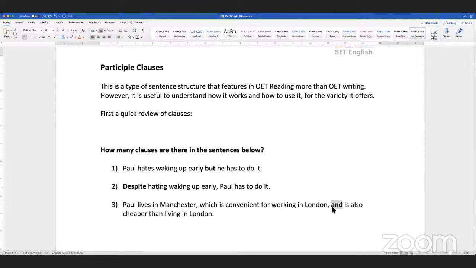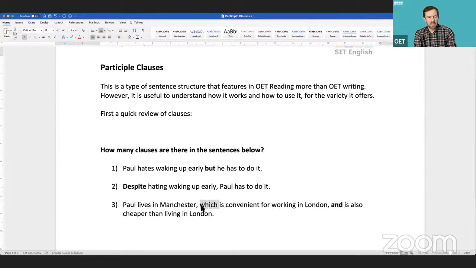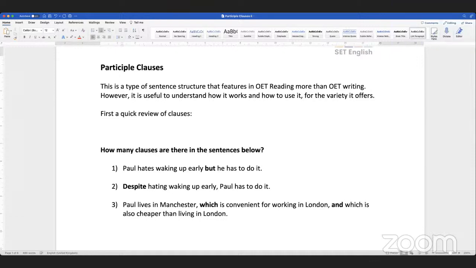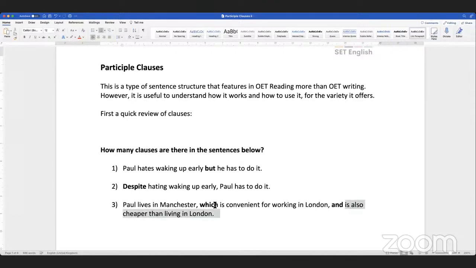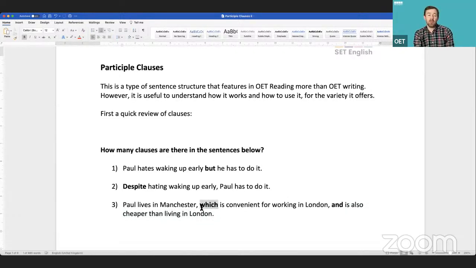I've extended. Okay, so I've used which in order to add this section, and then I've used and to add this one. So do I need to put and which again? No, I don't need to, do I? Because it's the same subject, isn't it? Paul. Well, does which mean Paul?